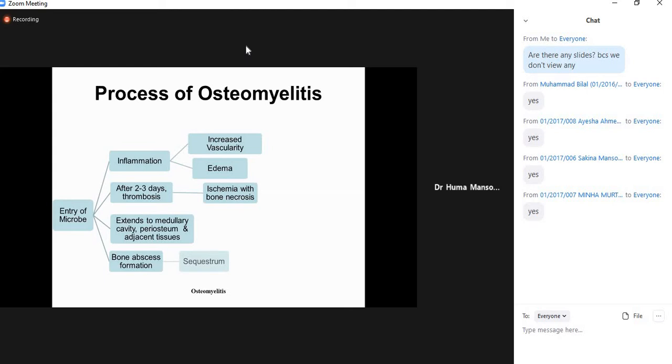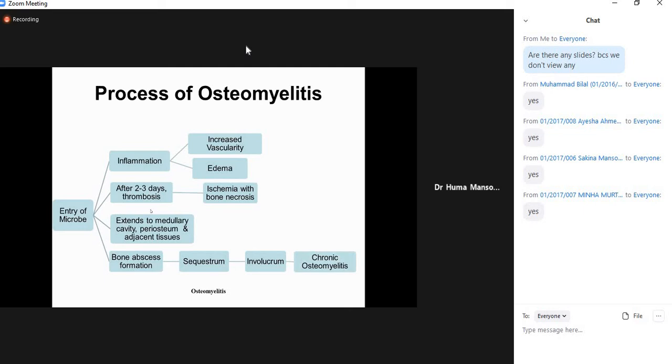Bone abscess formation leads to a Brodie's abscess, in scientific terms, that leads to sequestrum. Outside the sequestrum is followed by involucrum, where new bone gets deposited, and that leads to chronic osteomyelitis.